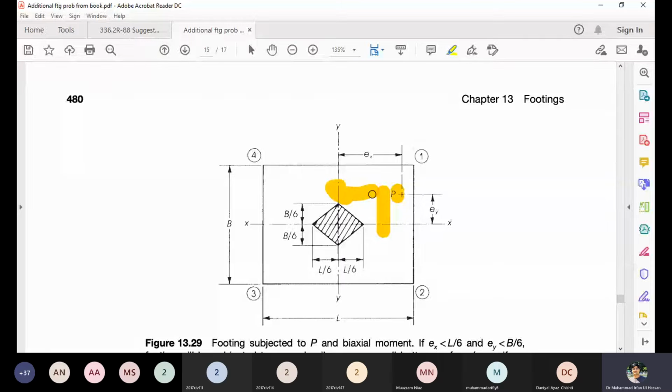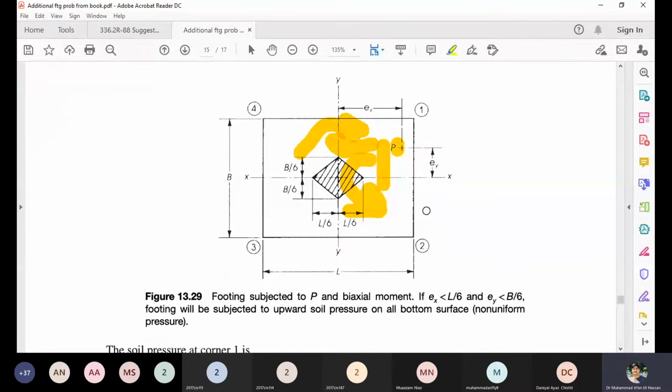So this will develop the moment My in this direction and Mx also in this direction. Due to that moment, you have to see where this moment is developing the tension, and where the compression.